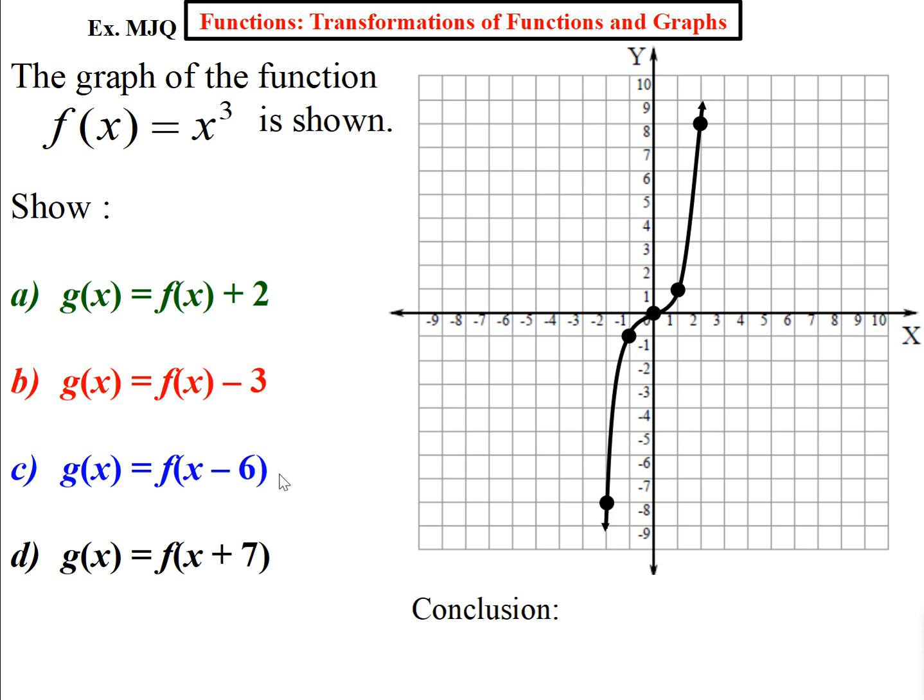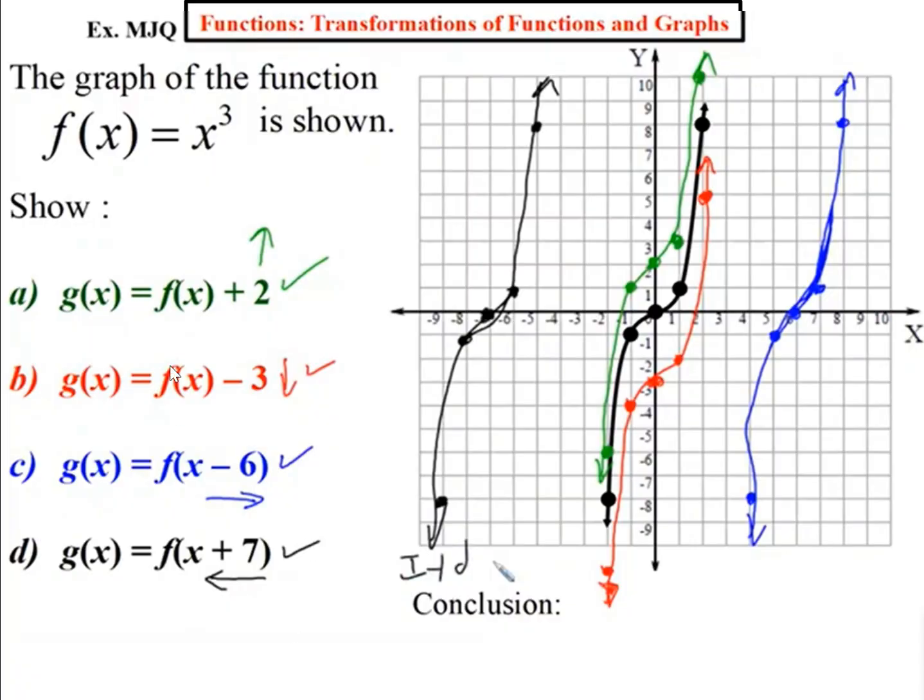Here goes what we did yesterday. The green one goes up 2 steps. The red one goes down 3 steps. The blue one goes 6 to the right. And the black one, we said 7 to the left. Hands if you got that. Yeah, we're getting there. Okay. So today we're going to move on. That was fun. All right, here we go.